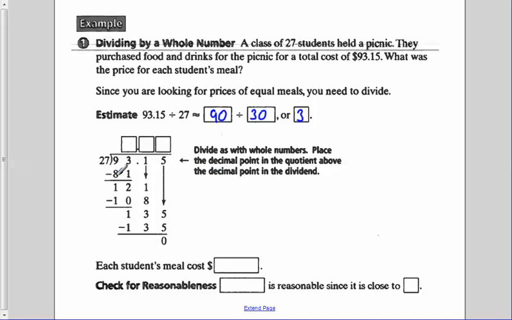So let's take a look at when we divide here. We put everything in this box. And remember that we have a divisor, a dividend, and a quotient.